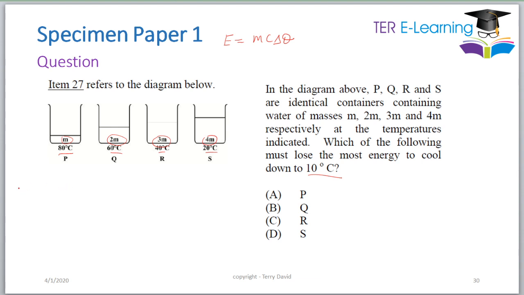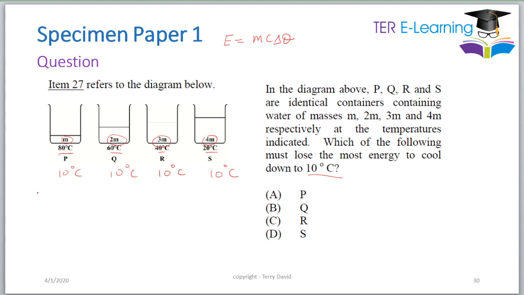So for each one of these now, we're going to have to work out what is my energy change. So in the first one, now all of them we're going to decrease the temperature to 10 degrees C, right? Are they all the same liquid? Oh, they all have water in them, right?